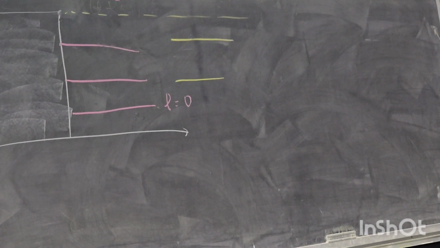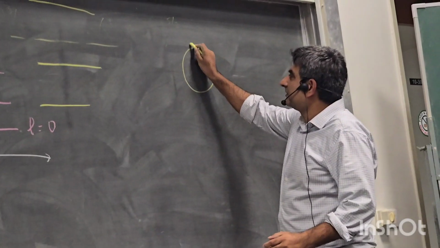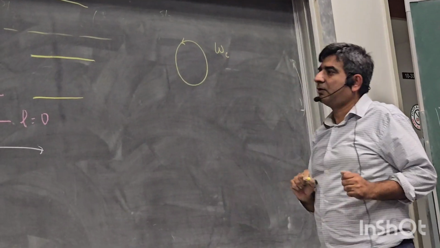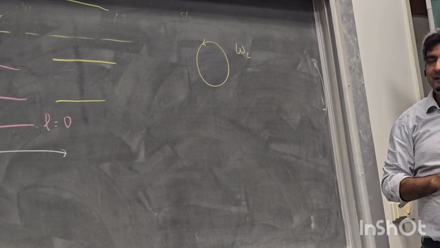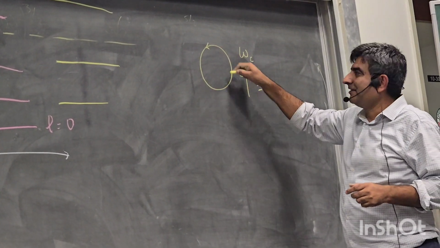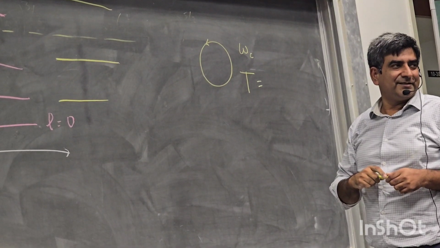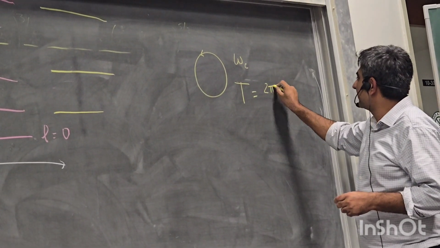When do you want to see this effect? You want to see this effect when you have these cyclotron orbits, right? The orbital frequency is omega c. Correct. So you want the time it takes for the electron to go around this orbit, this T, which is 2 pi over omega c.